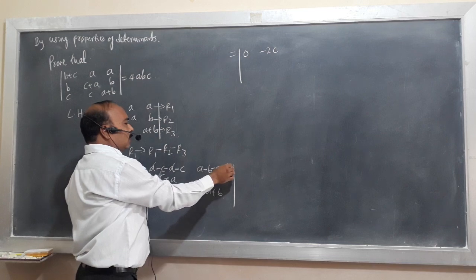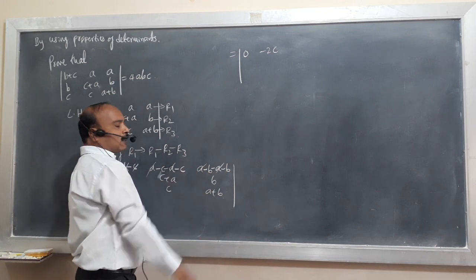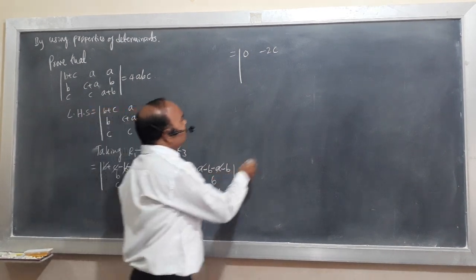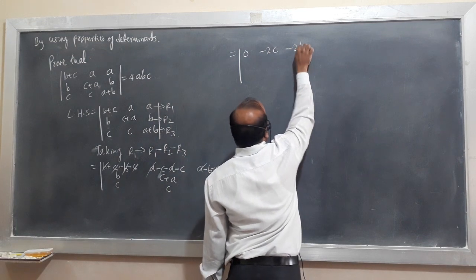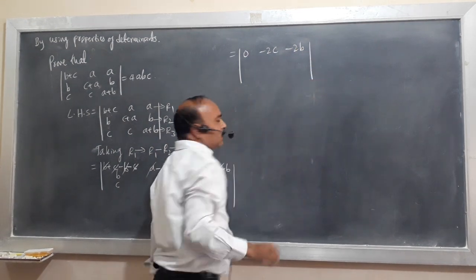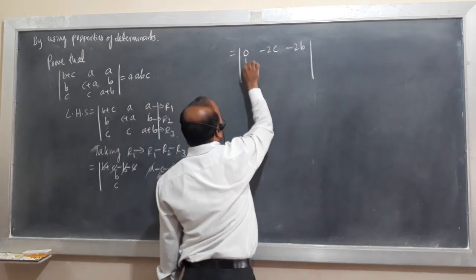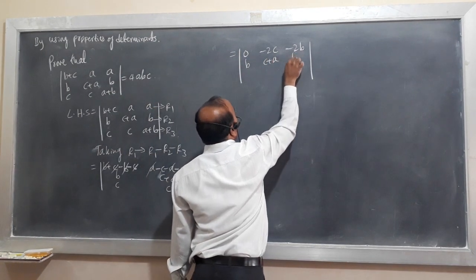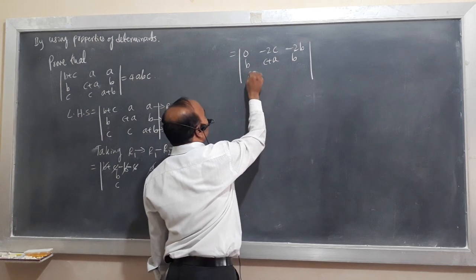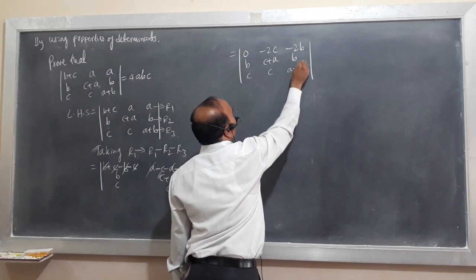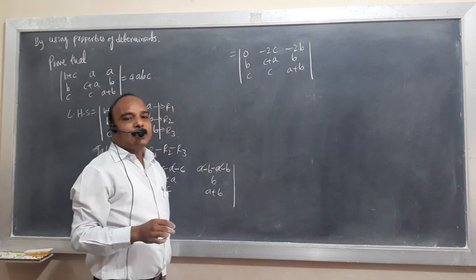Here again minus A plus A get cancelled, minus B is minus 2B. It is first row. And second and third row as it is: B, C plus A, B, and third row C, A plus B. It is also as it is.